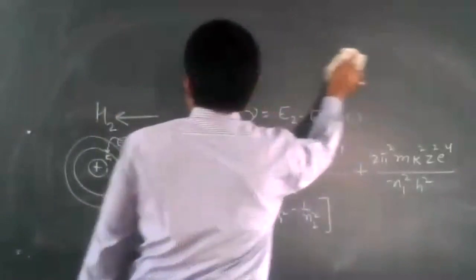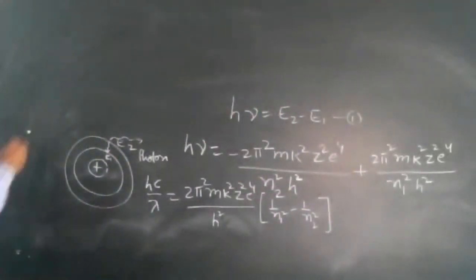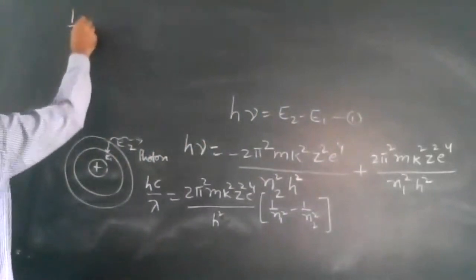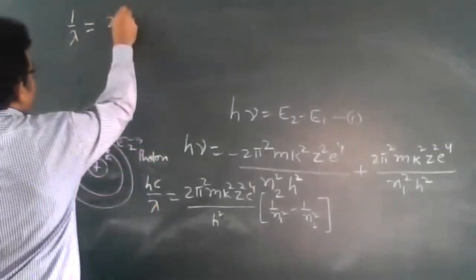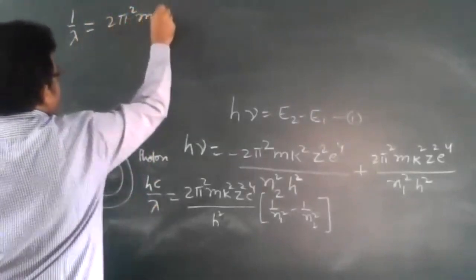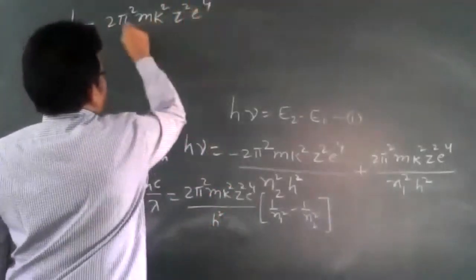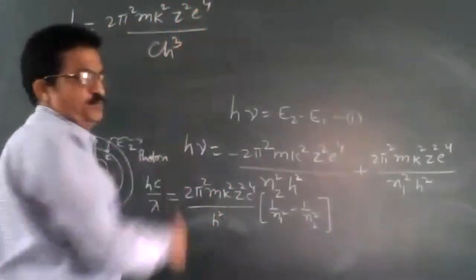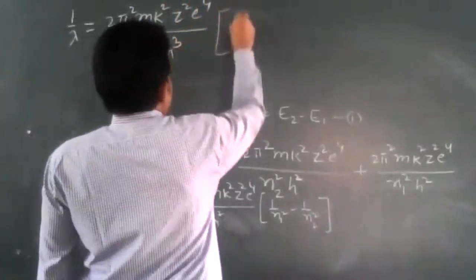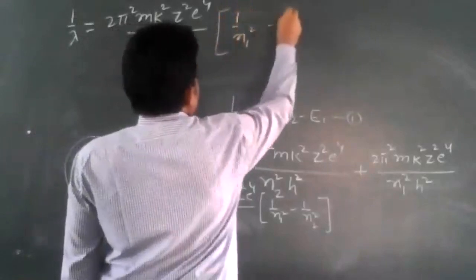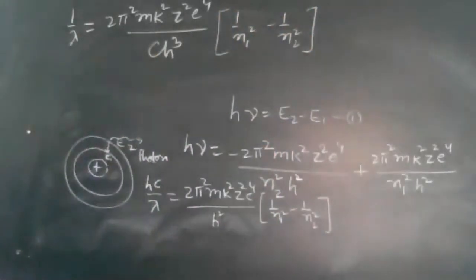Then I can write 1 by lambda is equal to 2 pi square m k square z square e to the power 4 divided by c h cube, into 1 by n1 square minus 1 by n2 square.